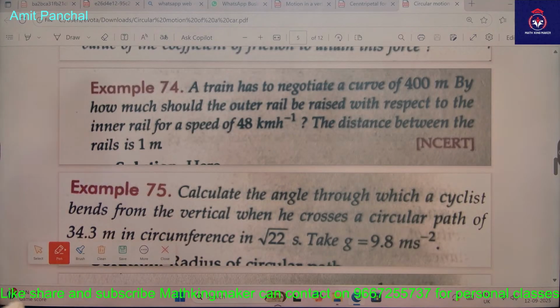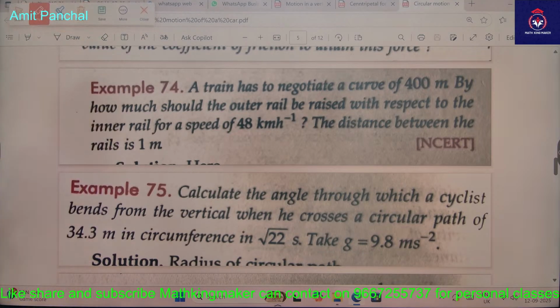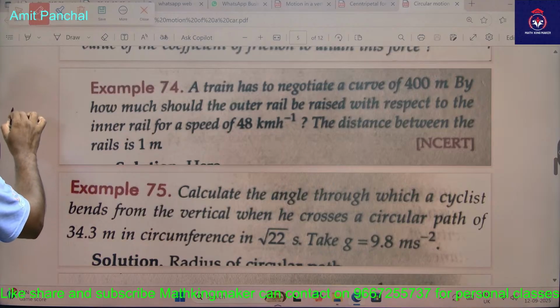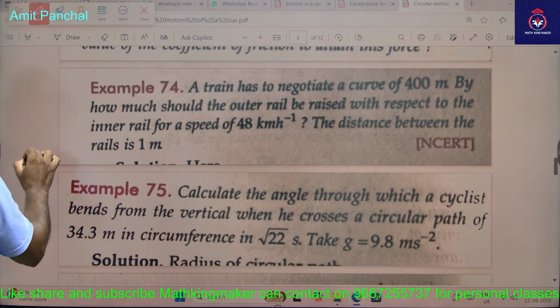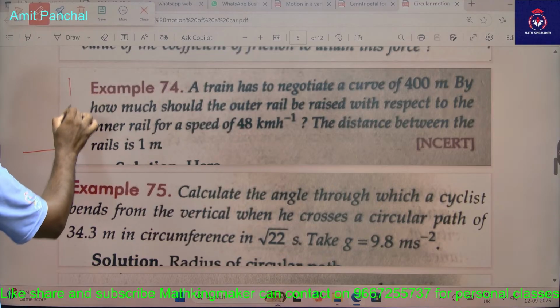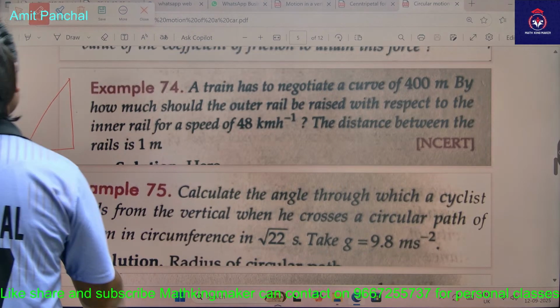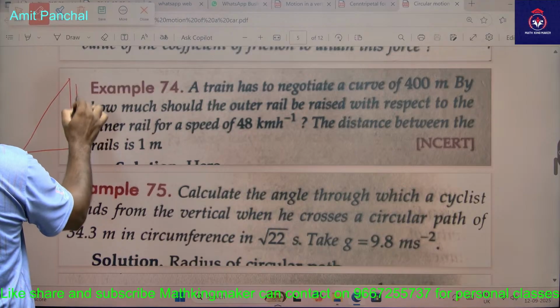A train has to negotiate a curve of 400 meter. By how much should the outer rail be raised? So that means if there are two rails, let us say the rail is raised by h height.